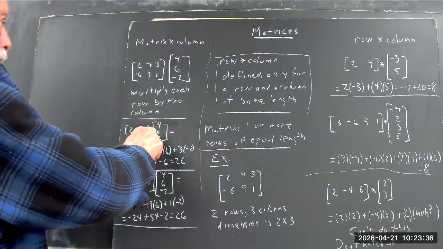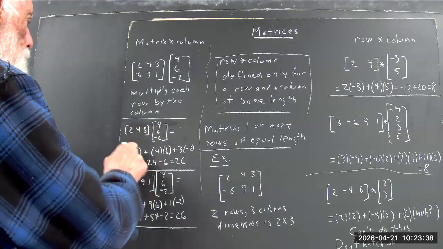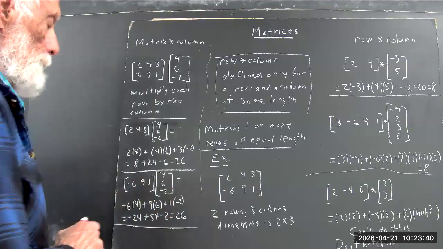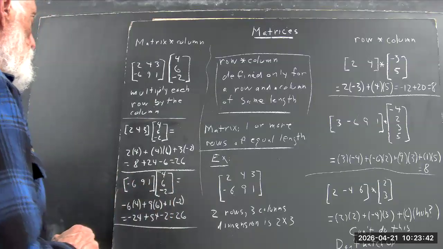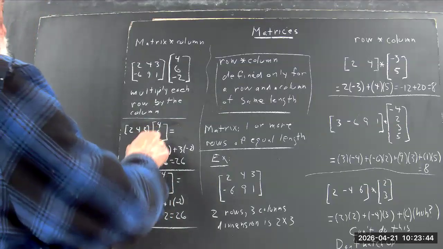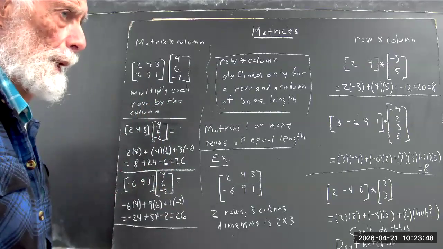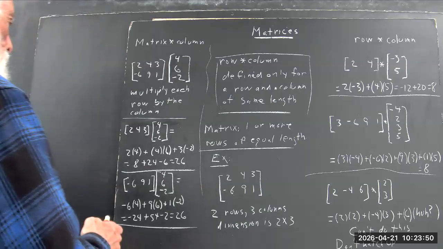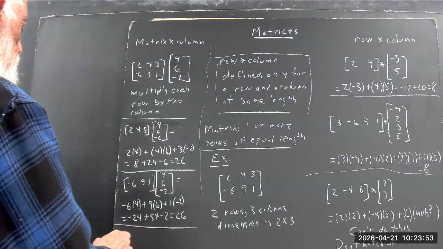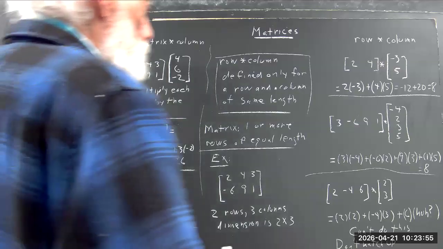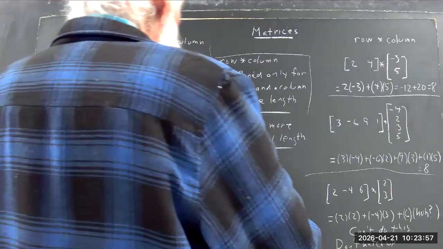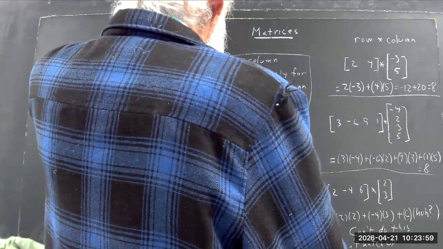we don't normally write out the first row times the column and then the second row times the column the way I've done. Because what we get when we multiply this is another matrix. Okay? So they don't have room to write it here, so we'll expand a little bit.